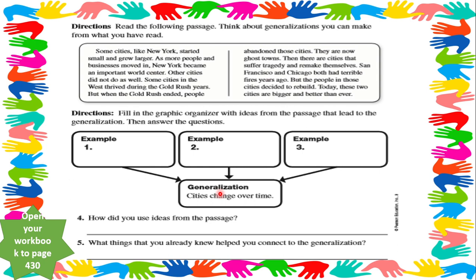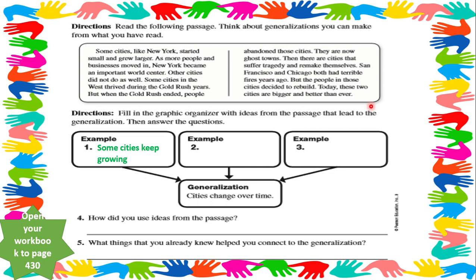The first thing, of course, as I said, like New York, there were cities, some cities keep growing. This is the first example that it changed, that it grew. This is a change. So I was able to say that the cities have changed over time.